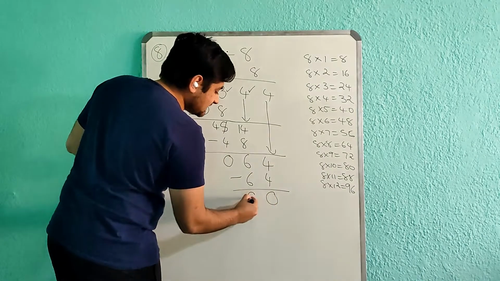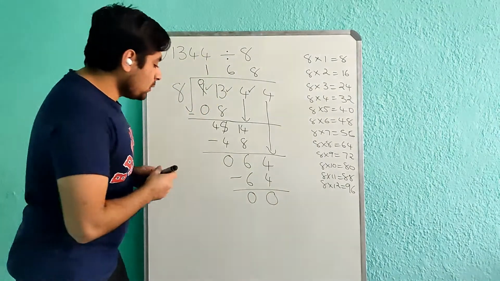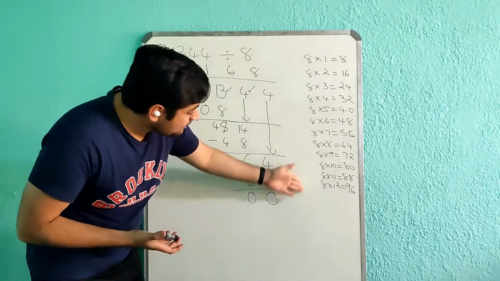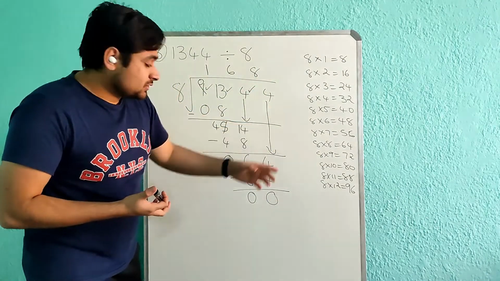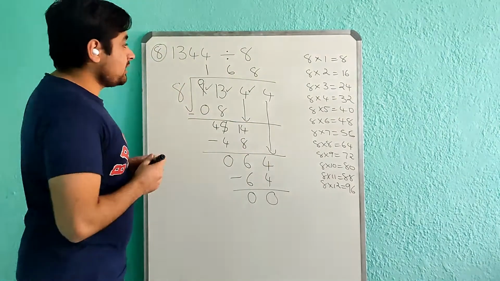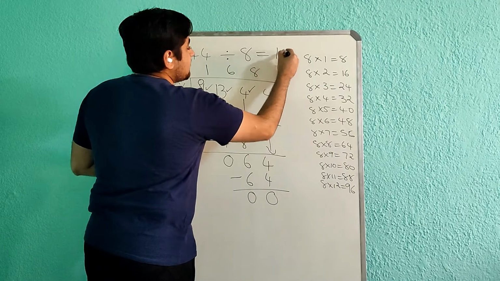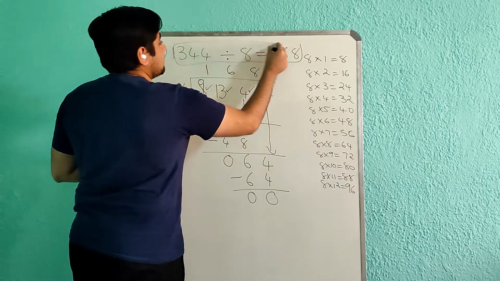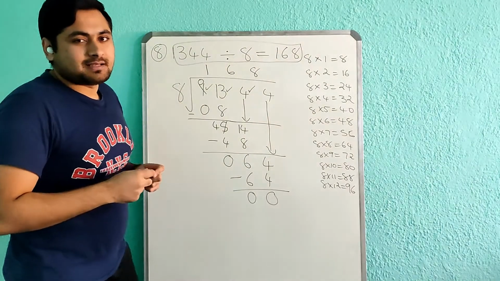What is 6 minus 6? That's a 0. So we know we have reached the 0. So now we can't go any further, and we don't have any number after the 4. So our final answer, when we divide 1344 by 8, we get our answer as 168. This is our answer. Let's move on to the next example.